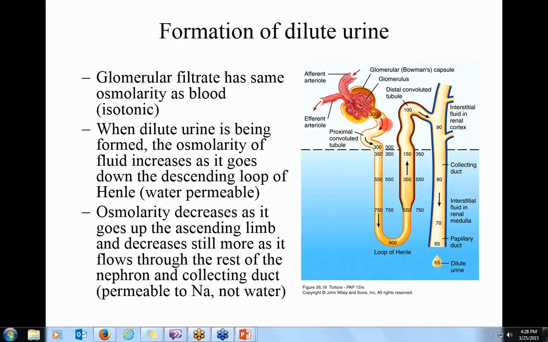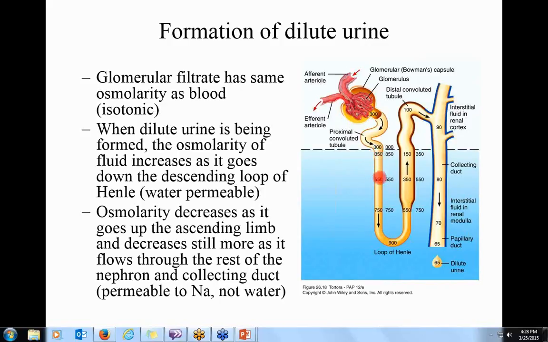Glomerular filtration has occurred, and now we're going to the proximal convoluted tubule and the descending loop of Henle. And remember, the descending loop of Henle is where water is being passively removed.